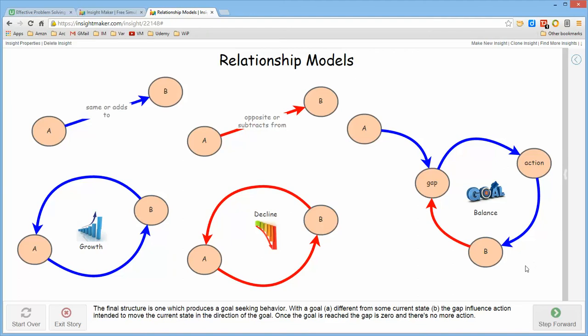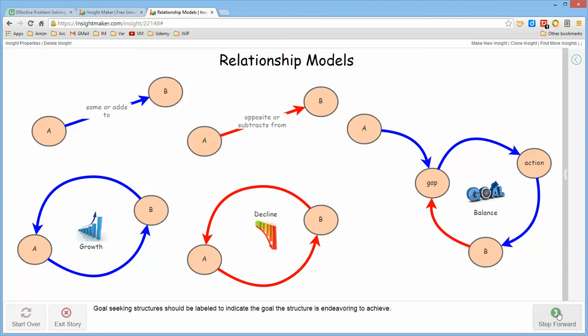It's called a goal-seeking or a balancing structure. It's the way almost everything gets done. Anytime you decide to do something, you're actually creating a goal-seeking structure to change the current state into what your intent is through some action.